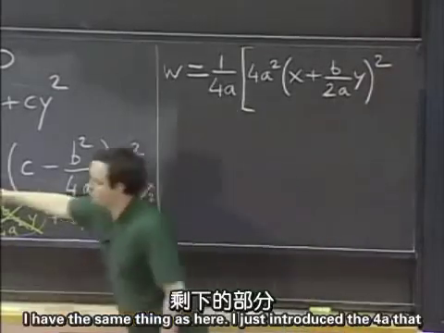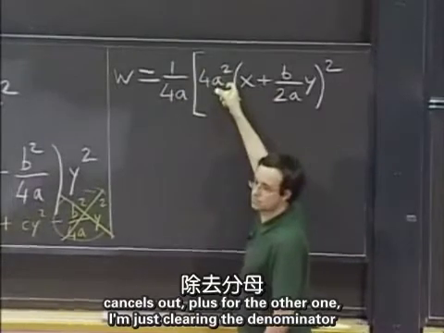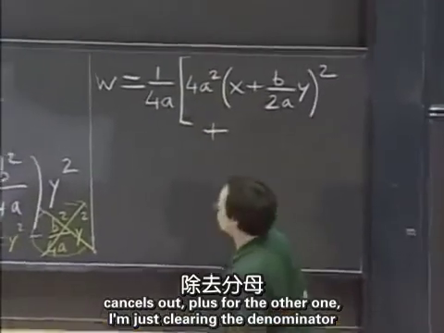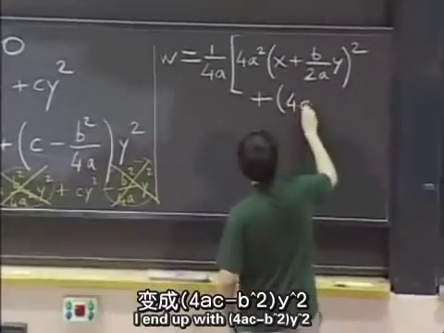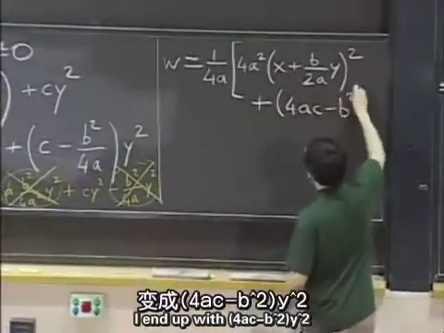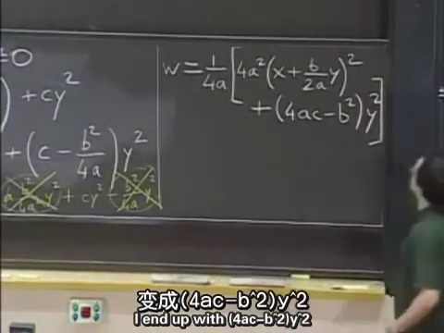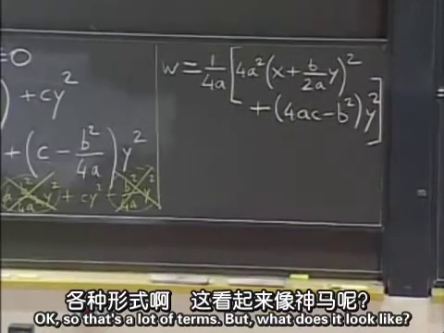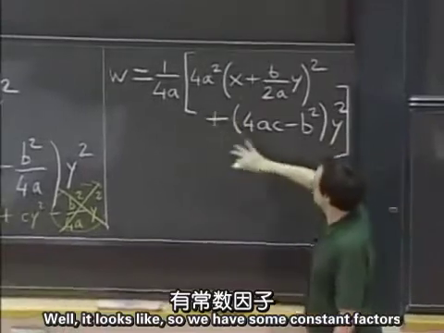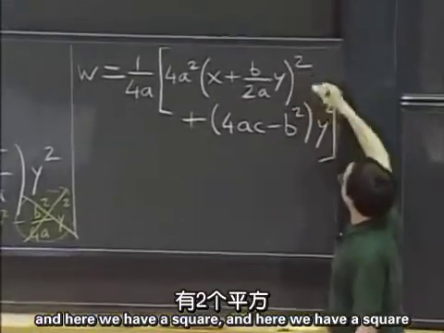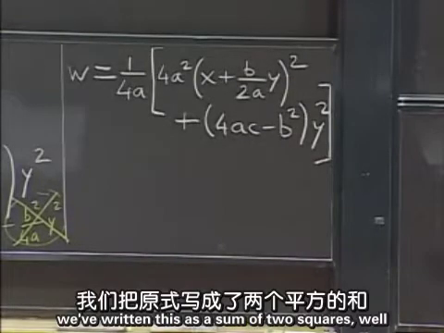Okay, so far I have the same thing as here. I just introduced a 4a that cancels out. Plus, for the other one, I'm just clearing the denominator. I end up with (4ac minus b squared) y squared. Okay, so that's a lot of terms. But what does it look like? Well, we have some constant factors, and here we have a square, and here we have a square. So basically we've written this as a sum of two squares.